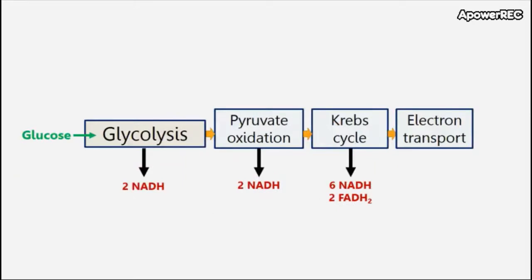As we can see, in glycolysis, 2 NADHs are produced. In pyruvate oxidation, each pyruvate produces an NADH, so we get 2 more NADHs out of this. With the Krebs cycle, we collect 6 NADH and 2 FADH2s.